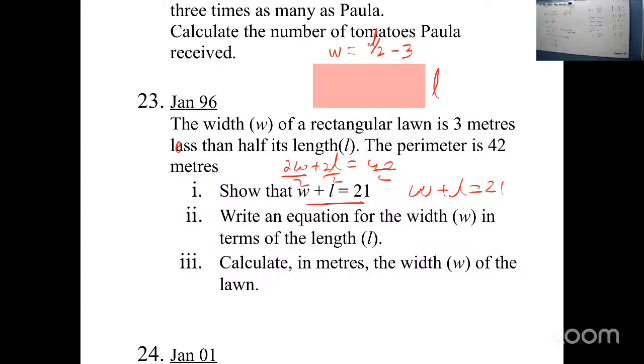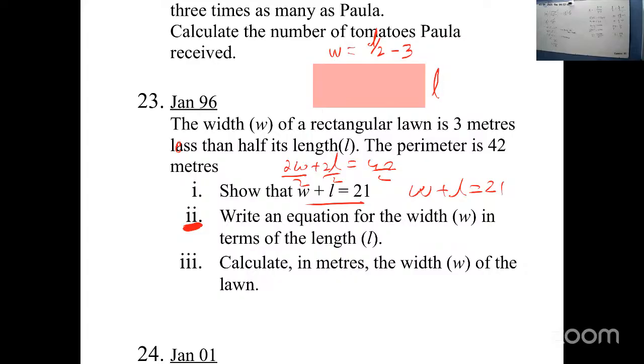Jamal, write an equation for the width in terms of length. What do you have to do? Say it over again.